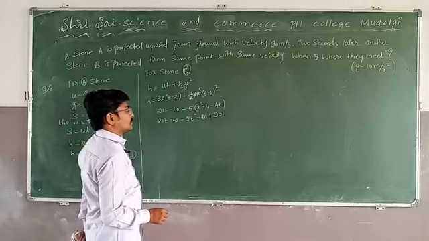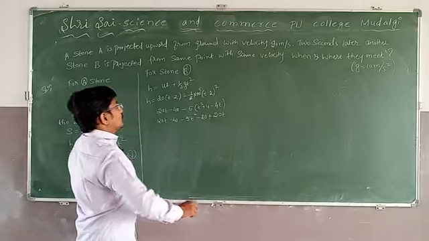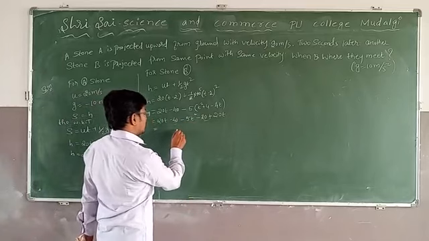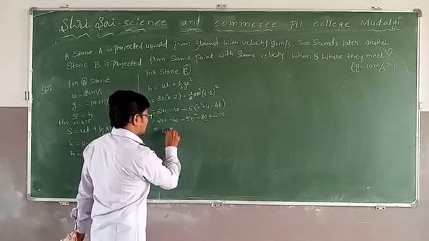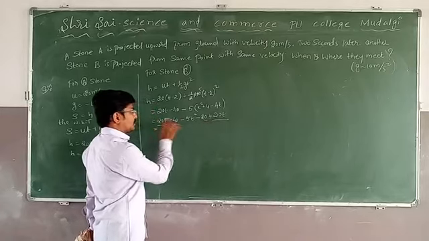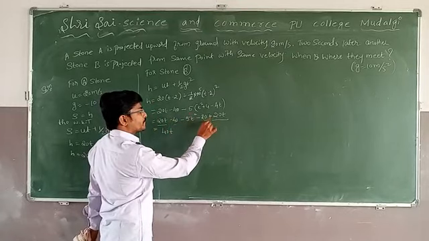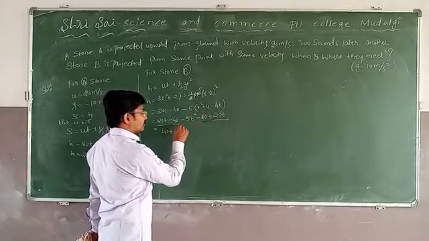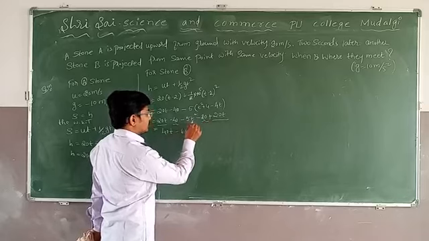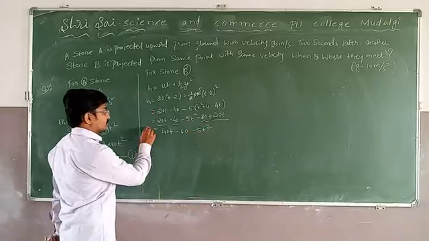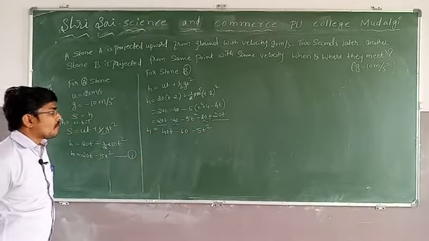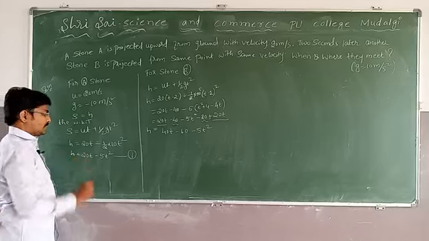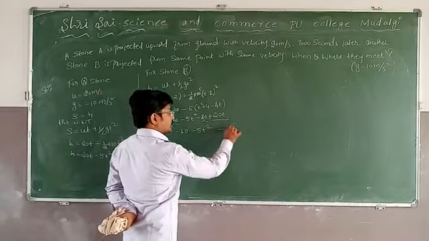Please check it. 20t plus 20t is 40t, and minus 40 minus 20 is minus 60, minus 5t square equals H. This is equation number 2.